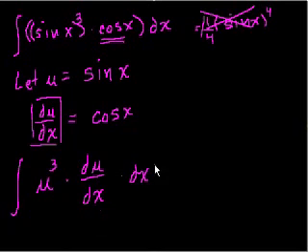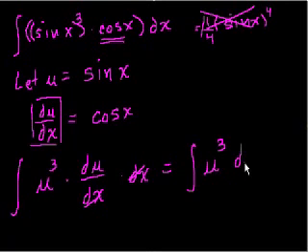I know you're probably not too comfortable with differentials at this point, but they behave just the way regular numbers do with a fraction. So this dx and this dx cancel out, and you're left with the integral of u to the third du.